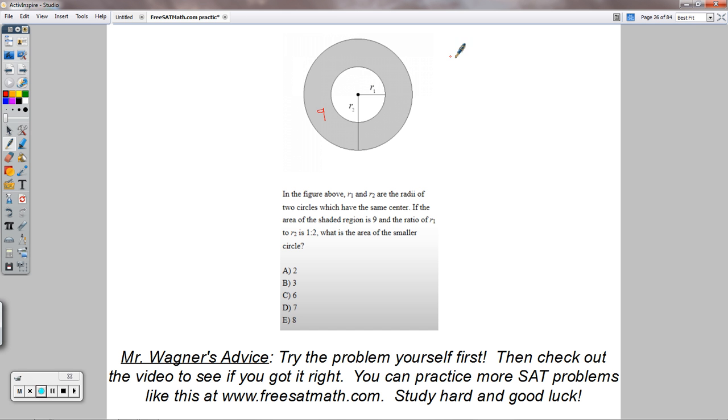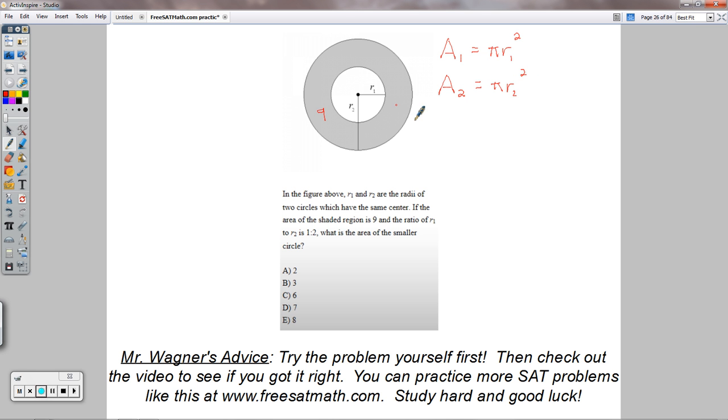I know the area of the smaller circle, I'll call that area of circle 1, to match up with the different radii. So the area of the smaller circle would be pi times r sub 1 squared, and the area of the other circle would be pi times r2 squared.